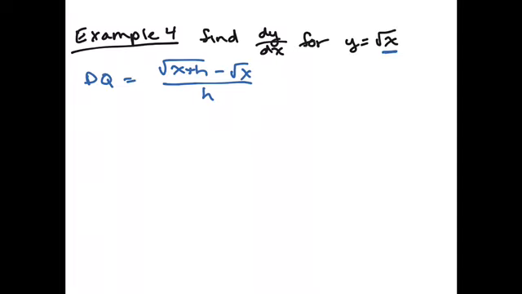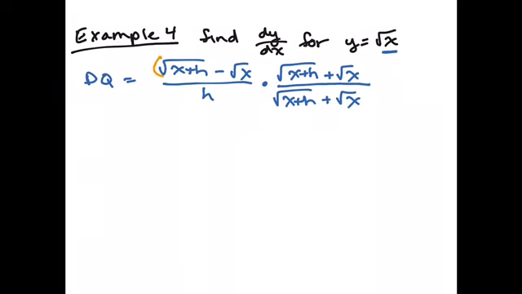And we know that I need to cancel that out. And so when we see square roots, what's our method? Multiply by the conjugate, right? So I'm going to multiply this by the square root of x plus h plus the square root of x over the square root of x plus h plus the square root of x.